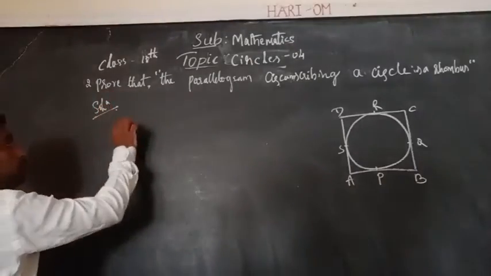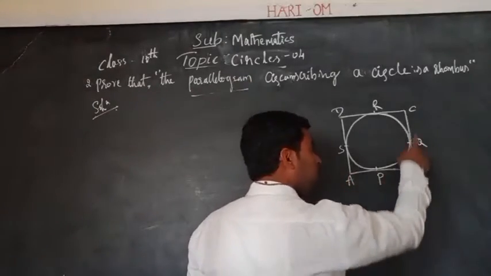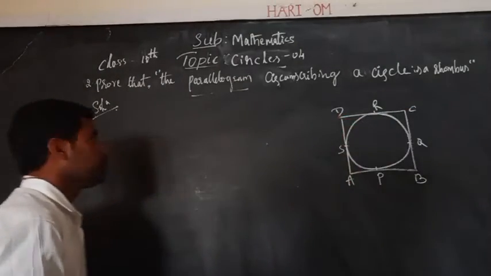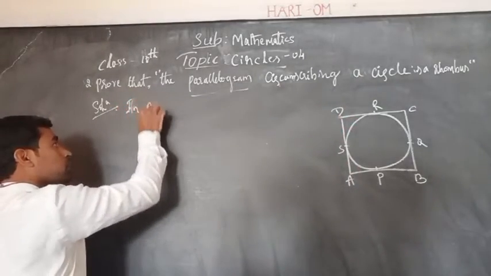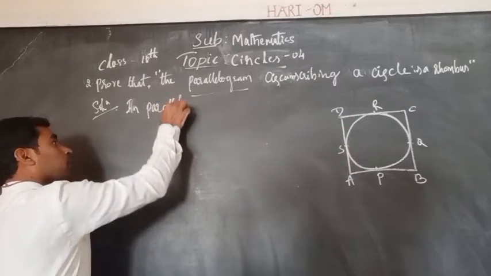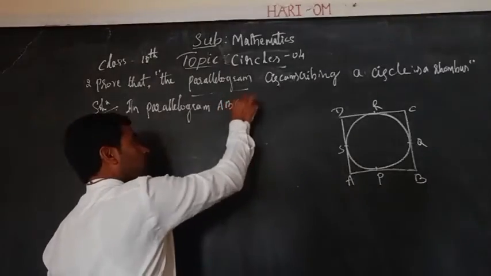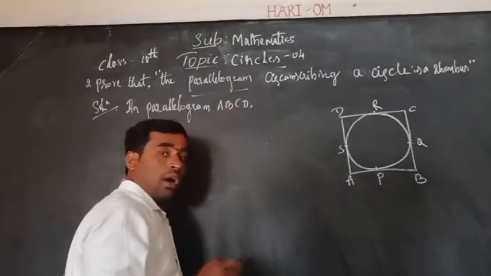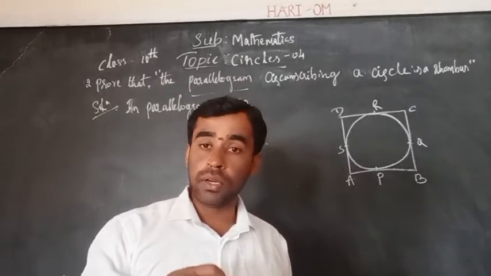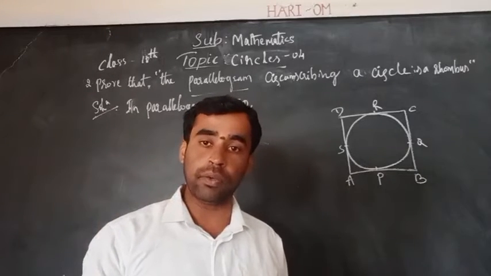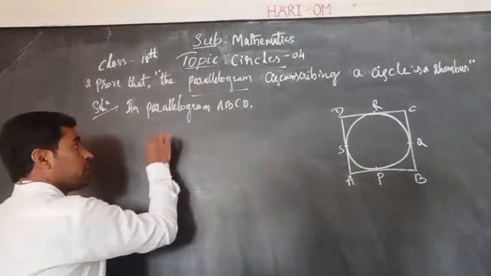See the answer. First, what is the given? ABCD is a parallelogram. According to the property of a parallelogram, the opposite sides are equal and also parallel.